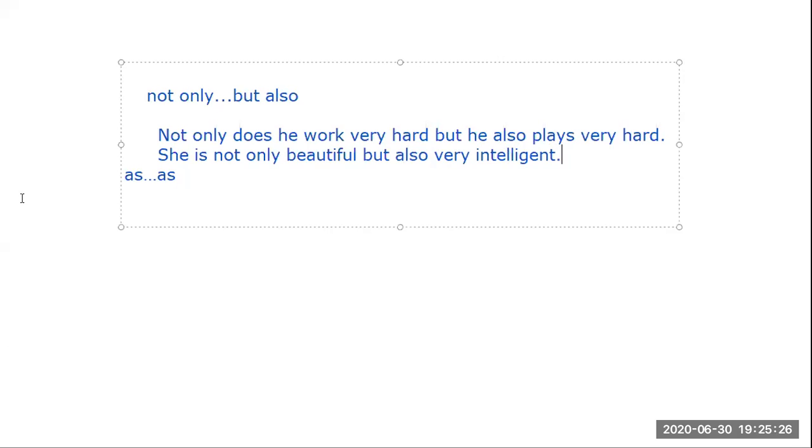So there's a kind of feeling when we use not only, but also, that we're kind of amazed by the two things. It's like we can't really believe it, or it's kind of surprising. So we have this kind of feeling behind not only, but also.